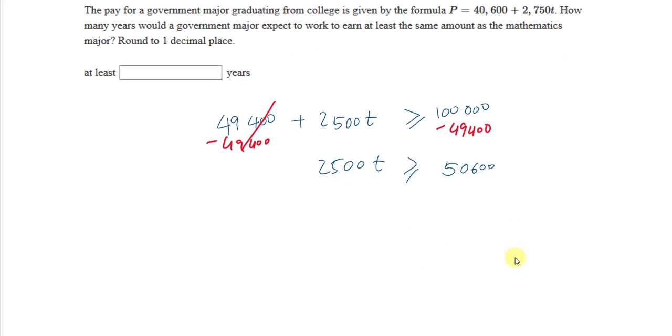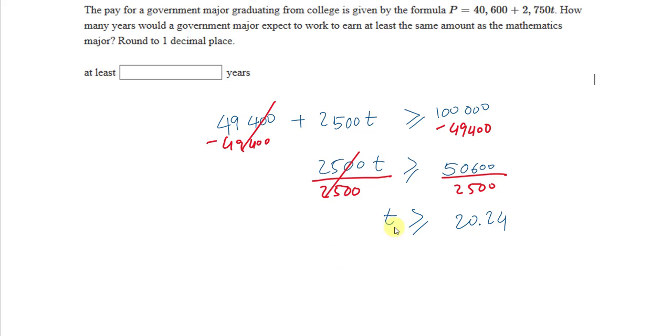And in this case, you want to solve for the time, so I just want to take away the 2500 here, and then divide the same thing by 2500. That is gone. So dividing by 2500 on the right side gives me 20.24.